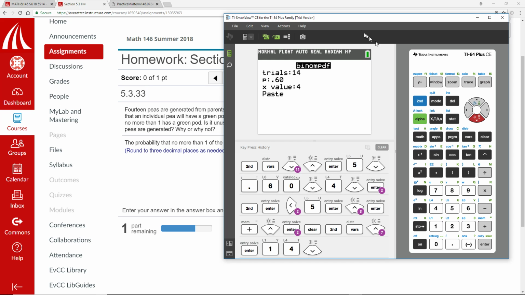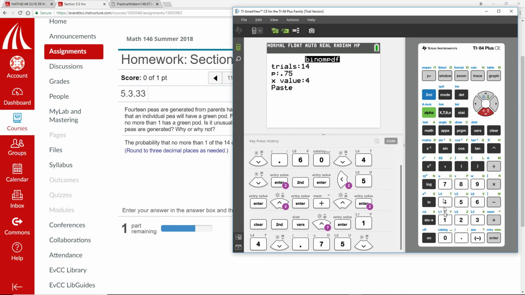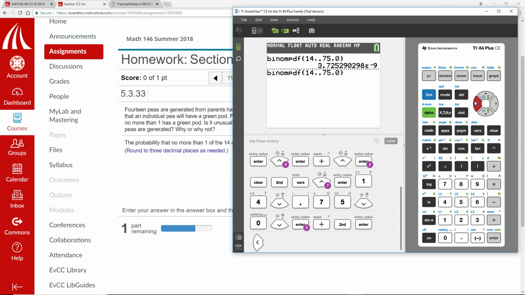Our probability again is 0.75, and we want to know exactly 0 first. Plus second entry exactly 1.